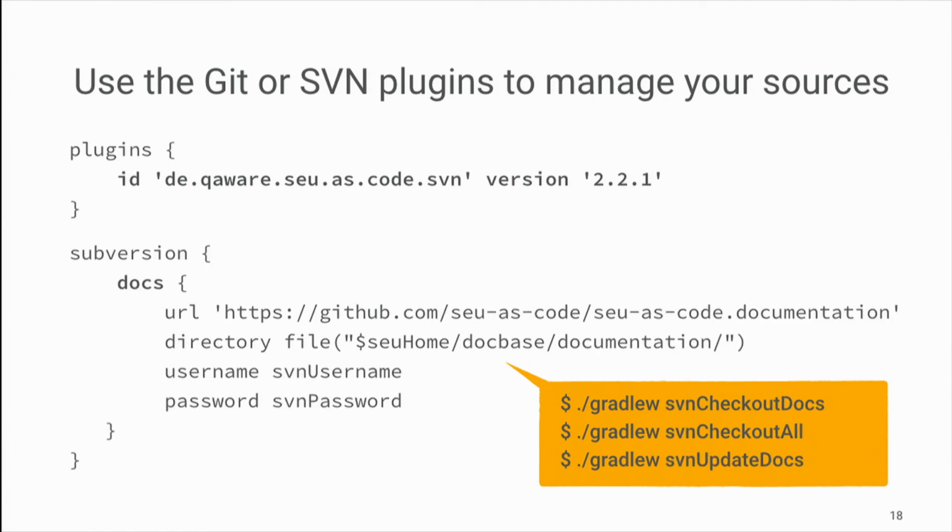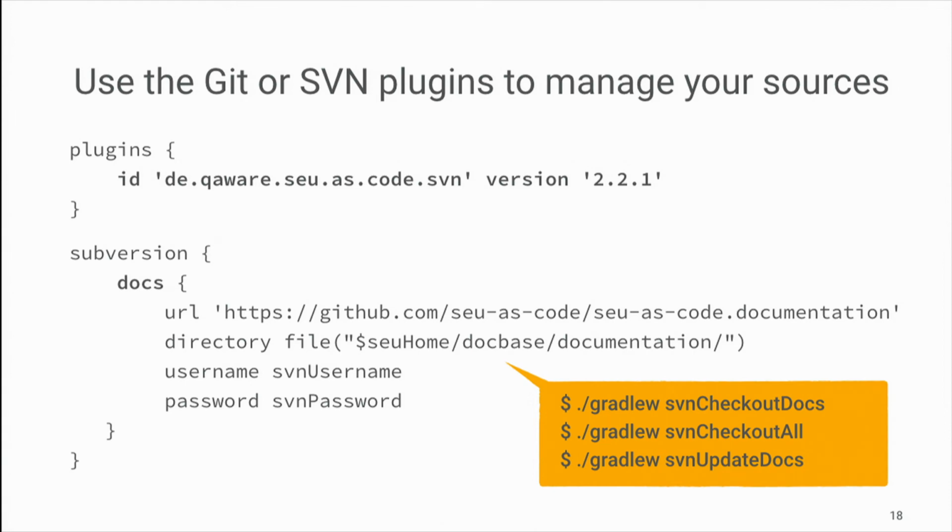The same is possible for SVN. Again, no dependency on the base plugin. You can use this standalone as well. It looks the same as the Git version, and it works the same. The only difference is that the wording is a little different: you don't have clone, pull and push, you have checkout, update and commit.